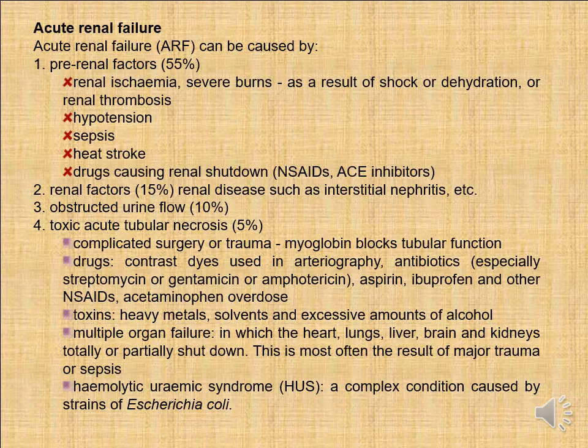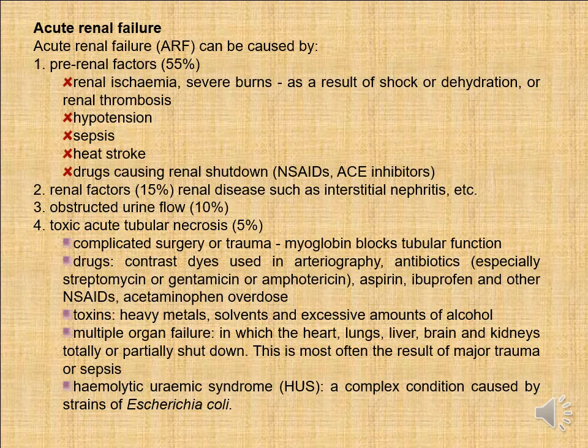The drugs that lead to toxic acute renal failure are contrast dye used in arteriography, antibiotics, especially streptomycin and gentamicin, amitriptyline, aspirin, epinephrine, other non-steroidal anti-inflammatory drugs, and acetaminophen overdose. Toxic materials include heavy metals, solvents, and excessive amounts of alcohol.